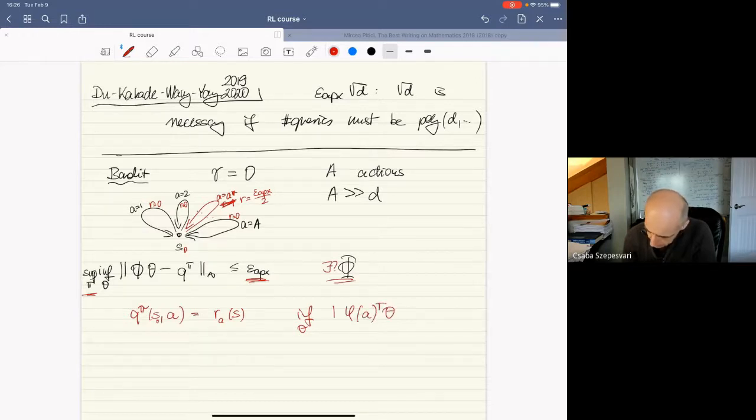State is gone. So this just means that the features can represent the rewards, and I'm going to drop the state from that too. There is only one state, so why would I carry it? And I want the maximum error to be small, right? For every action, I have to represent the reward well.